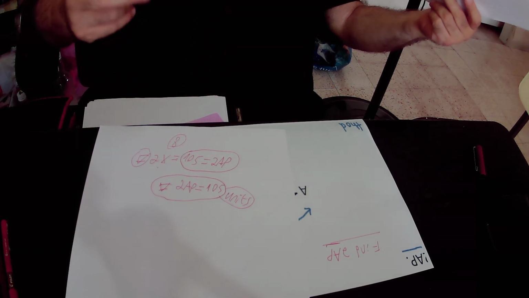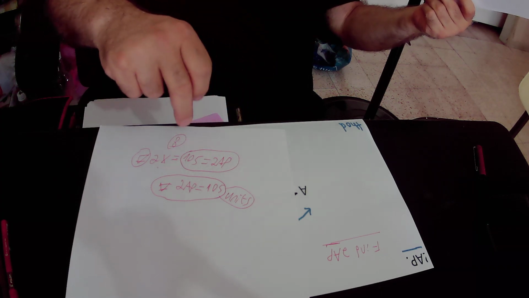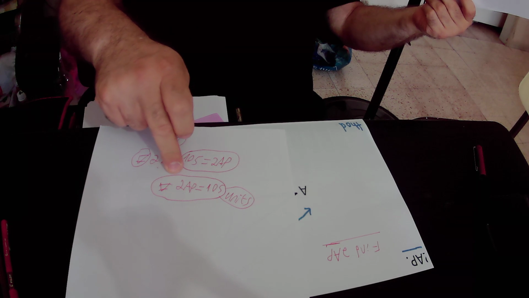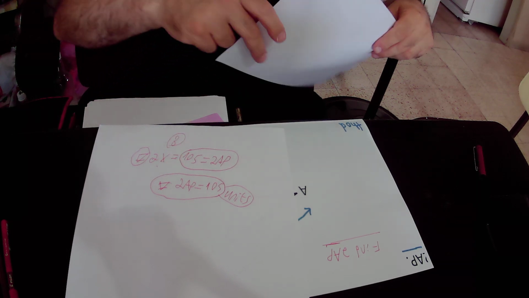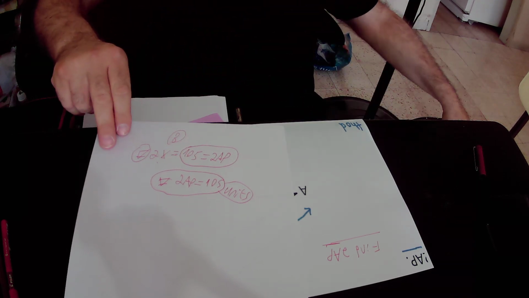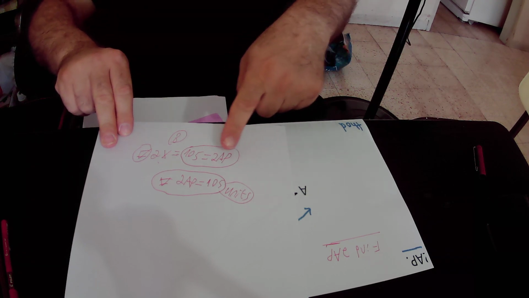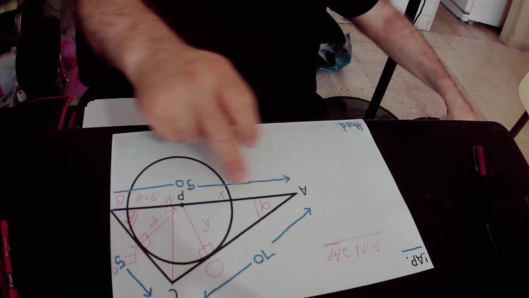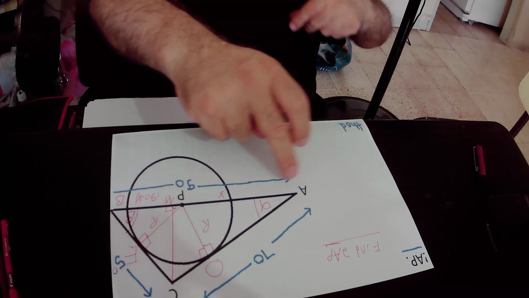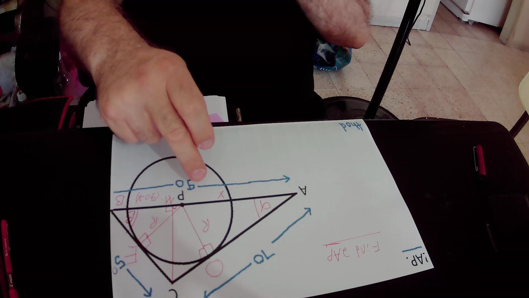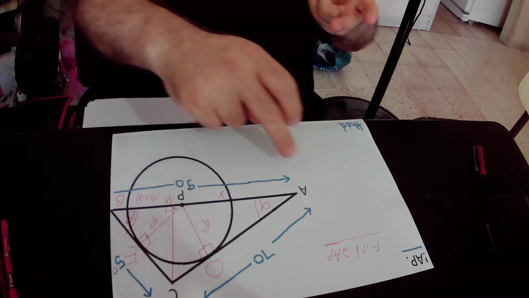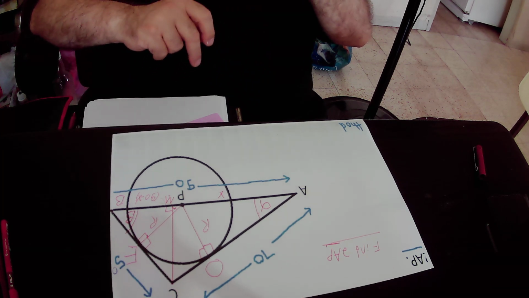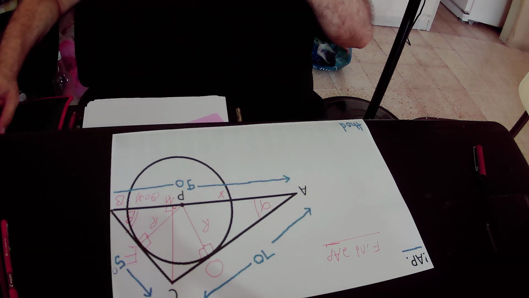So at the end we have this equality that 2 times AP equals 105 units. And this is actually the final answer to the question, that 2 times AP equals 105 units. Okay, thank you very much.